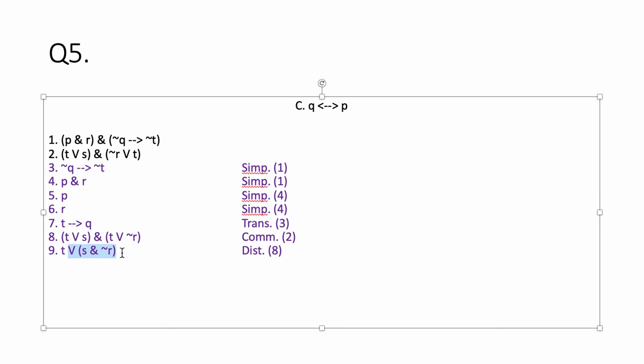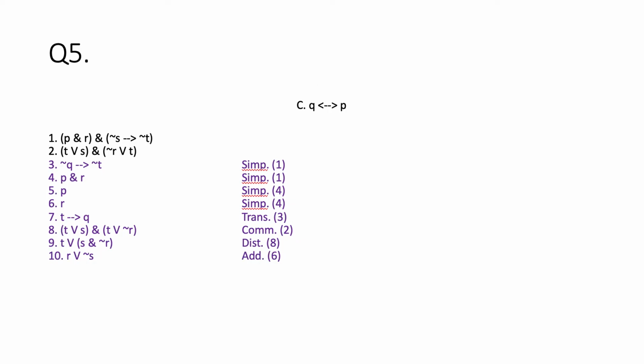And that's going to be cool because that's going to enable me to use the rule of disjunctive syllogism to get T, and that seems like something I want because T then enables me to do modus ponens to get Q, and Q is at least part of my conclusion. So I'm going to start doing addition on line 6 to give me R or not S.